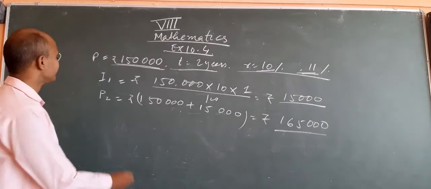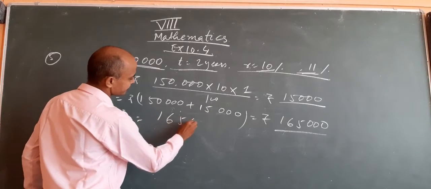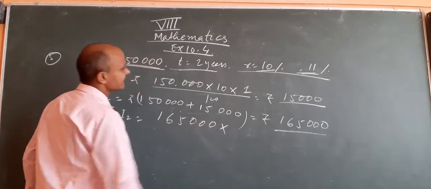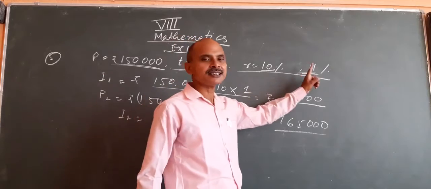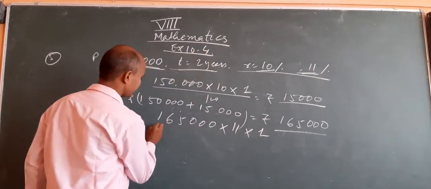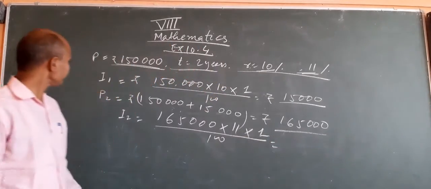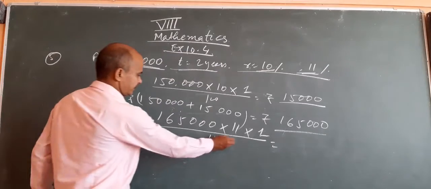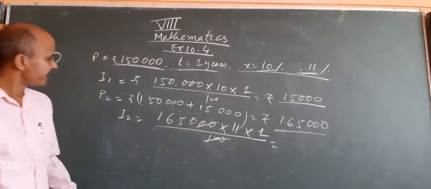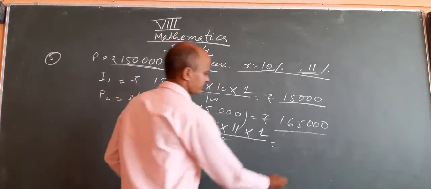Now we have to find interest for the second year. P is 1,65,000. R, the rate for the second year, is 11%. 11 times 1 year by 100. We have to multiply 11 and 1650.